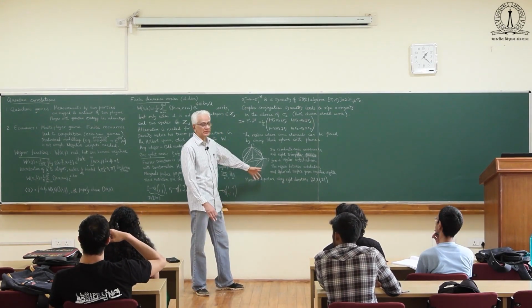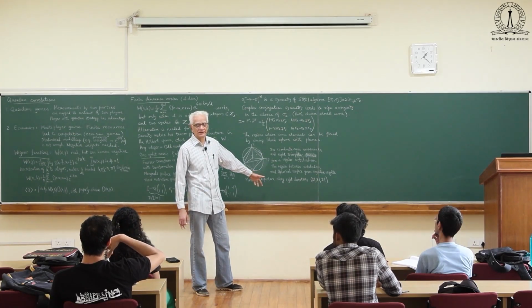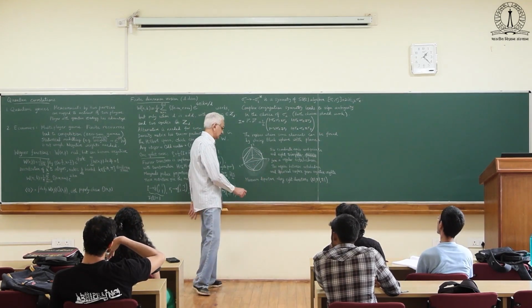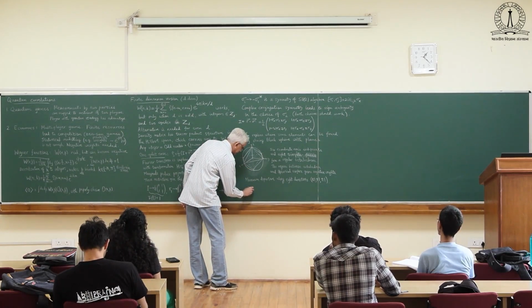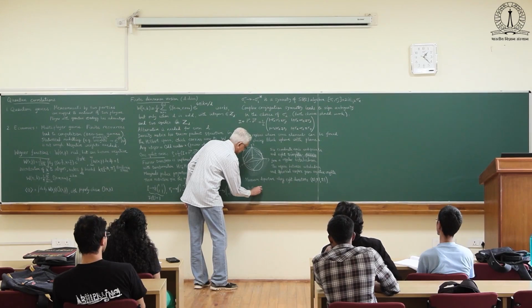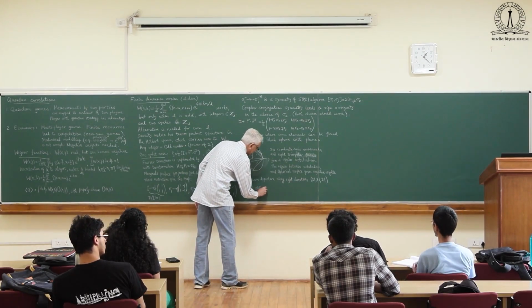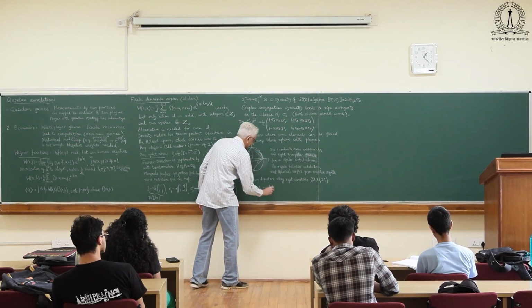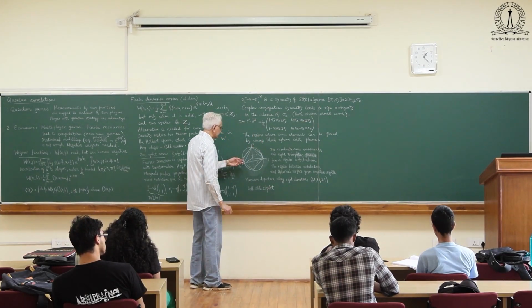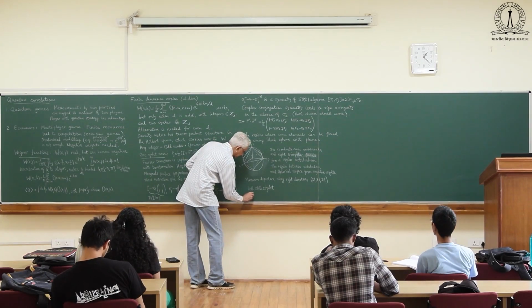And you can ask what happens if I now construct a Bell state. I will just write down the answer for the singlet. All I have to do is a tensor product.